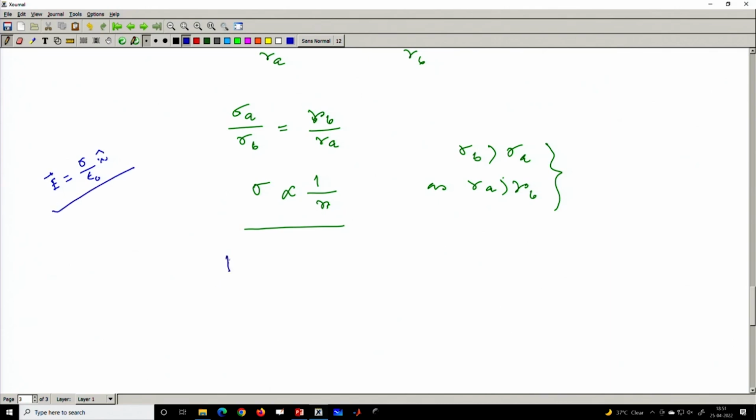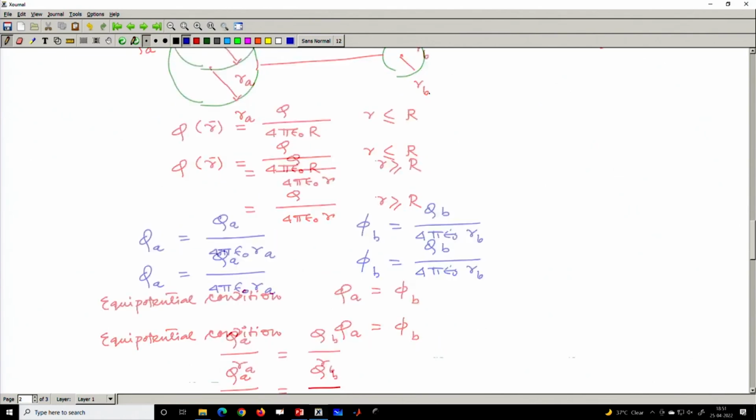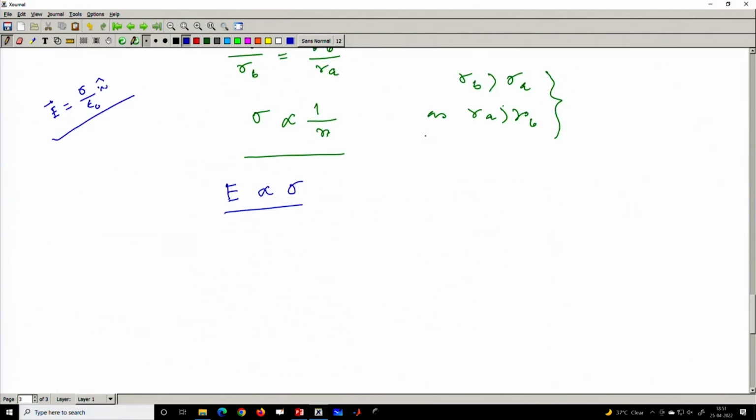So, the electric field is proportional to sigma, so the electric field will also be higher. If I want to find the electric field for these two spheres, one is E A and another is E B, then from here we can also write that E B is greater than E A. This is the condition I should have.